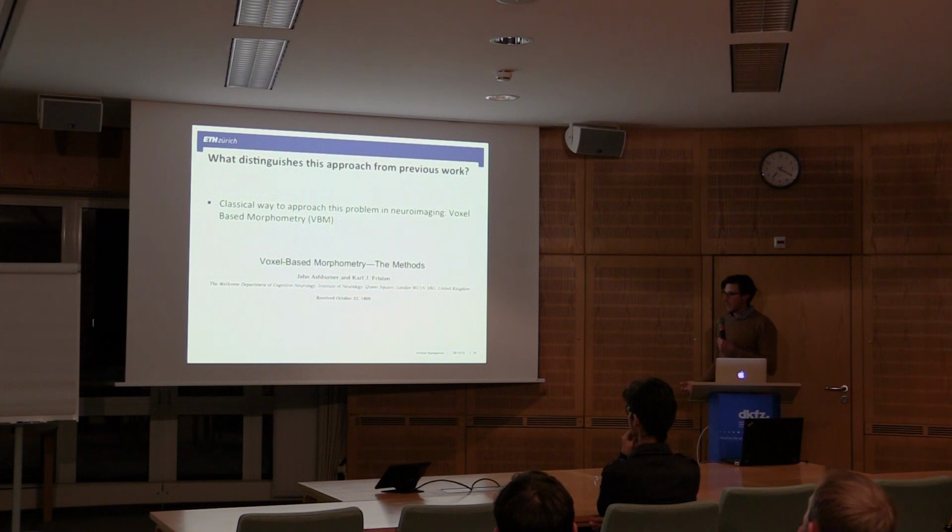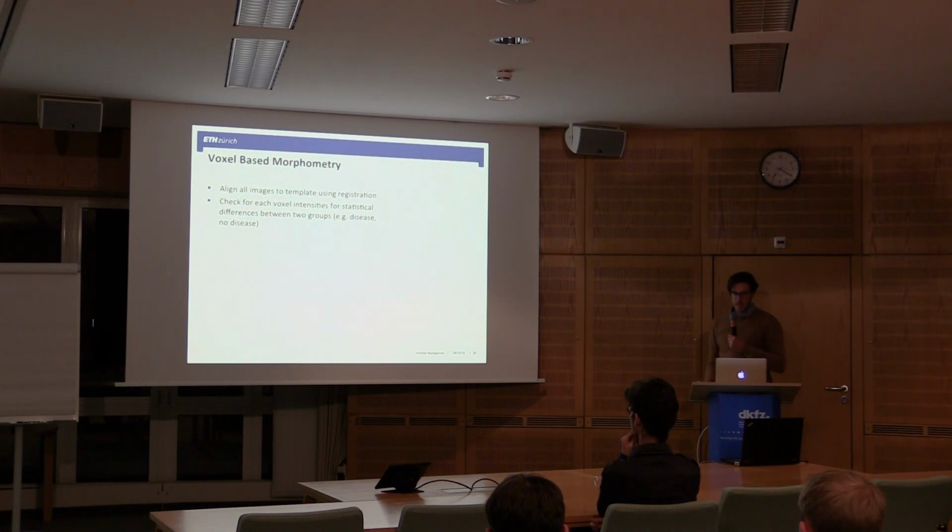Okay. So a few words on what is really new in our work with respect to a lot of the previous work on this topic. The classic approach to discovering disease effects in neuroimaging populations is voxel-based morphometry. It's been around for quite a long time.